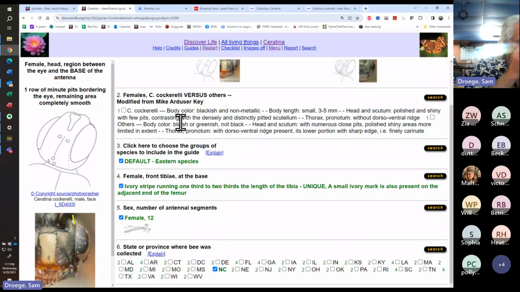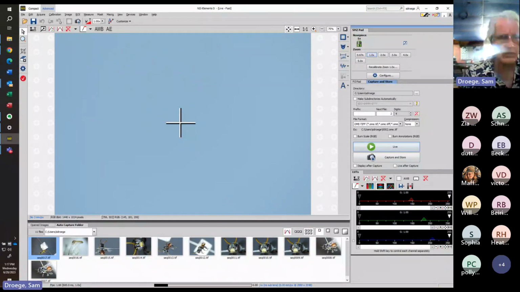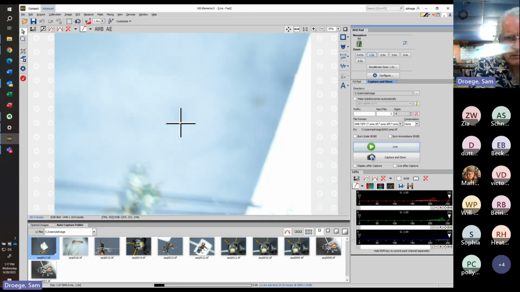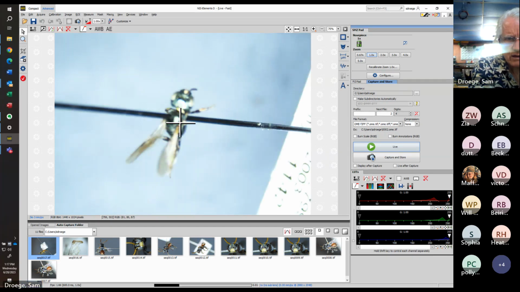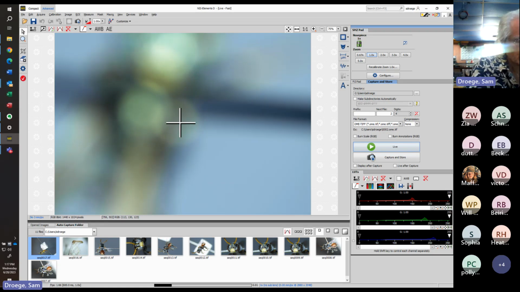So this mark that it has on its femur, or tibia, rather, the white mark, and then the associated pale mark elsewhere, this should show up like that. I'm going to flip to the microscope. That is going to be a differentiating character for this species compared to the other blue Ceratina.